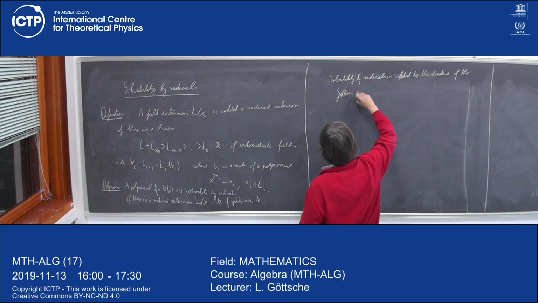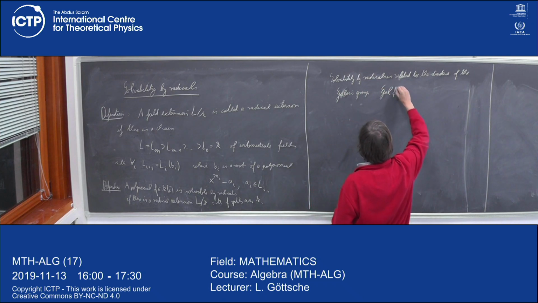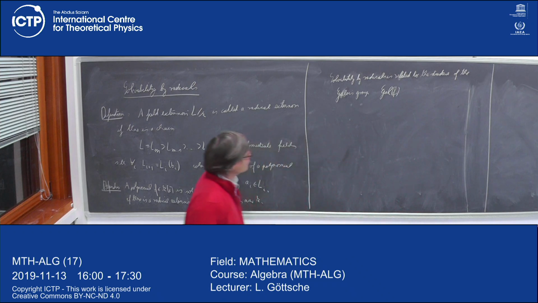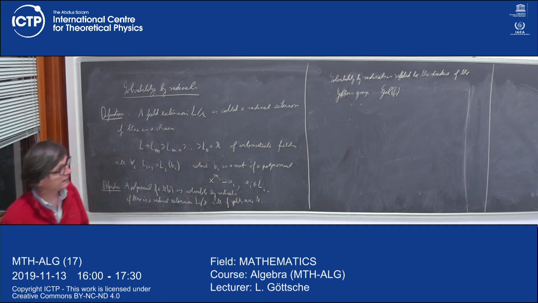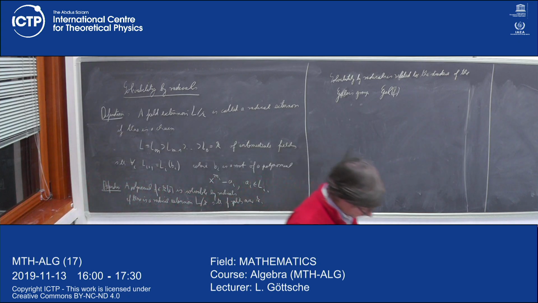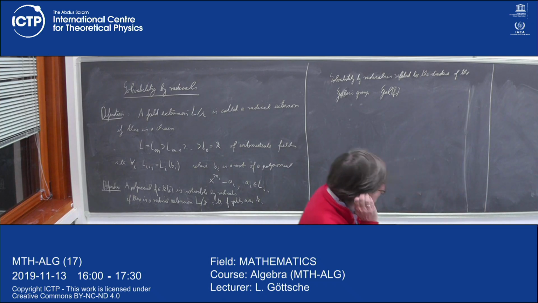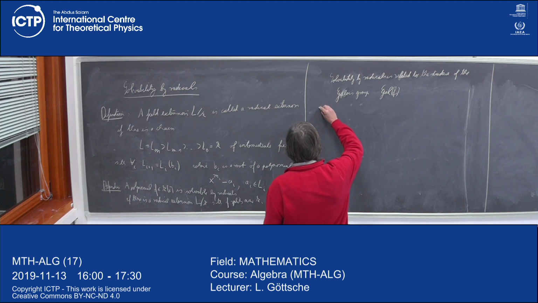So the Galois group of f, where the Galois group of f, as you know, is the Galois group of the splitting field of f over K. This is not the same as f. So let's see. In order to make sense of this, we need a bit more group theory. Namely, I have to introduce what it means for a group to be solvable. So, introduce some more.